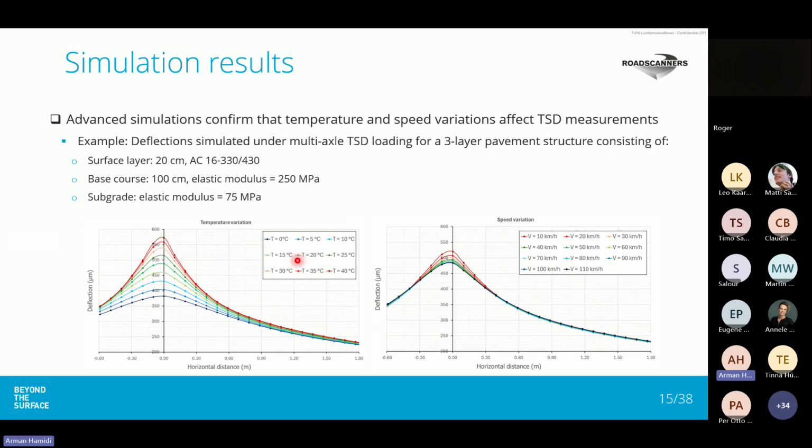As it is shown, by increasing temperature, deflection values will increase. And this increment is more pronounced at inner radial distances than outer radial distances. The main reason is that in the modeling, only the surface layer shows viscoelastic behavior. And in FWD deflection basin and deflection basin from a measurement device, the inner part of the deflection basin is more related to the characteristics of the upper layers.